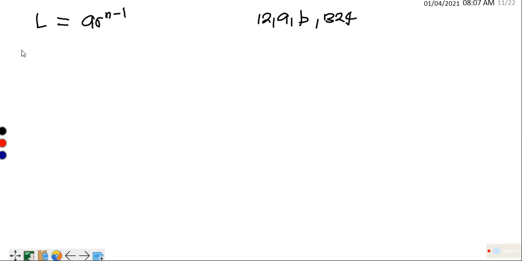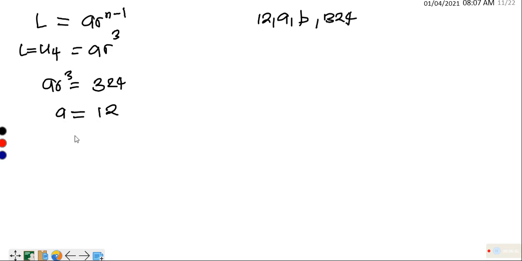So the last term is U4, which is AR raised to power 4 minus 1, which is 3. So we can say AR cubed equals 324, and the first term A equals 12. Let's call these equation 1 and equation 2.